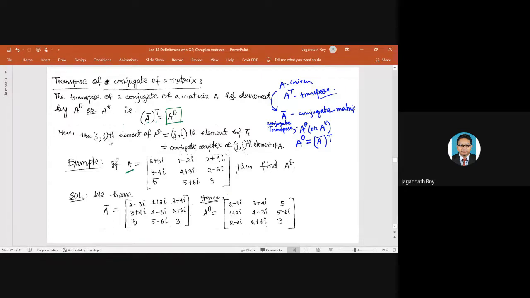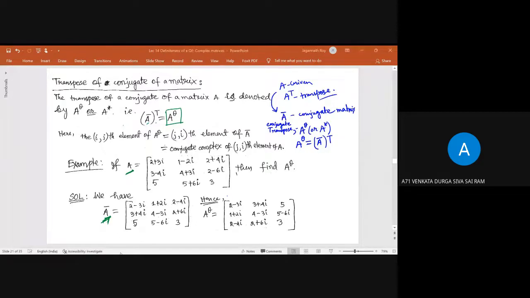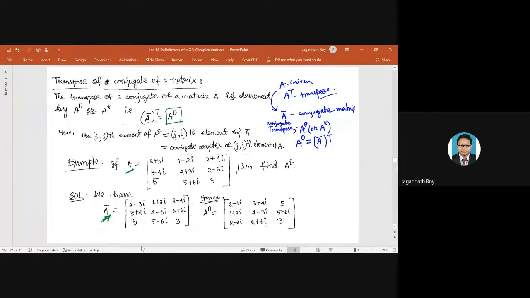For a given matrix A, what we do is, not the transpose, first we take the conjugate. Then you just transpose it.